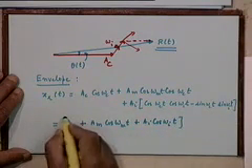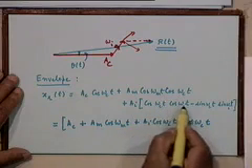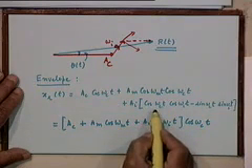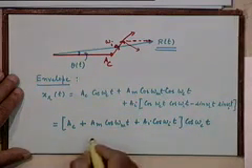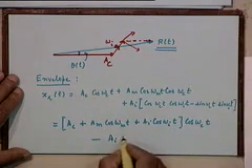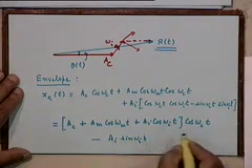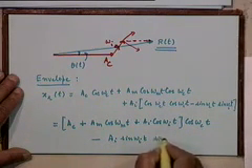This whole thing multiplying cosine omega CT. Right? I have collected all the terms containing cosine omega CT together, minus the quadrature part, which is AI sine omega IT into sine omega CT.